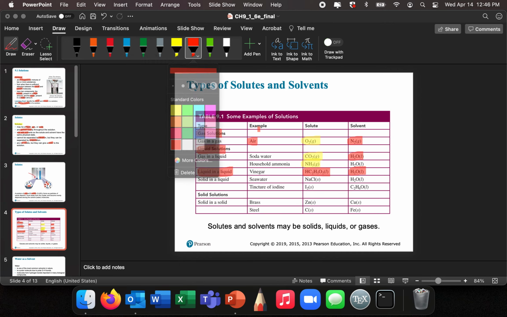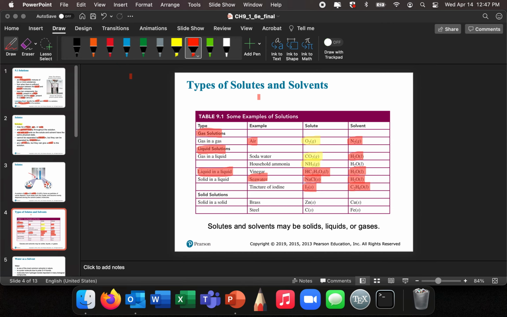All right, another example of a liquid solvent, but with a solid dissolved in it, could be seawater, where you have salt, which is a solid, dissolved in the water. Or tincture of iodine, which I've never seen or heard of, but you might have ethanol, which is like alcohol, and iodine dissolved in it, where iodine is a solid dissolved in the ethanol.